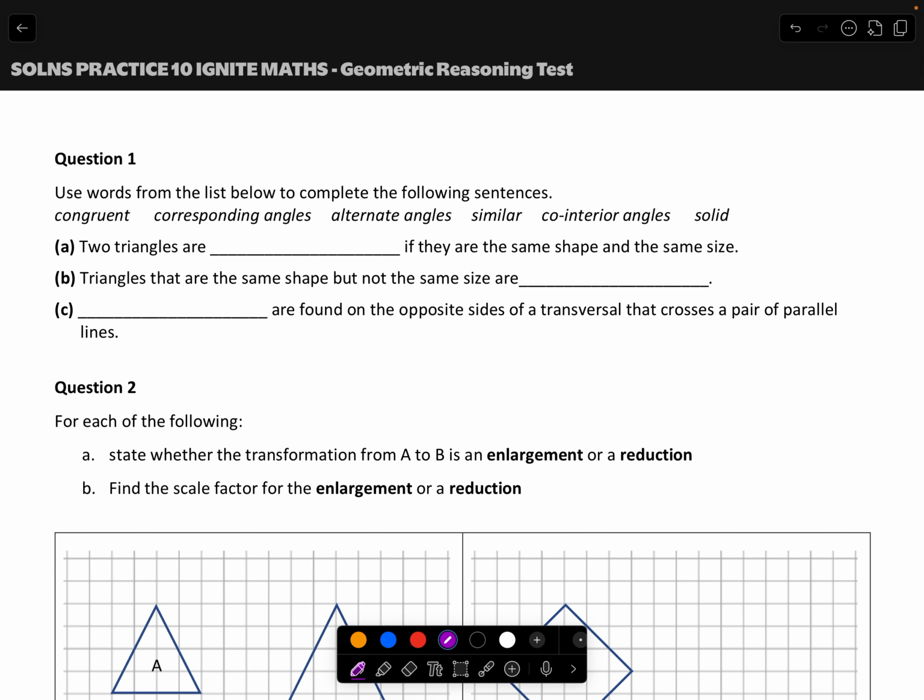Well, do we have the information to find the angles? No, we can use a proof. Find the third angle in both triangles.